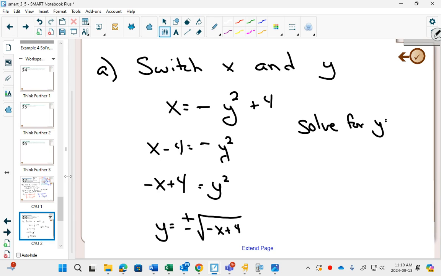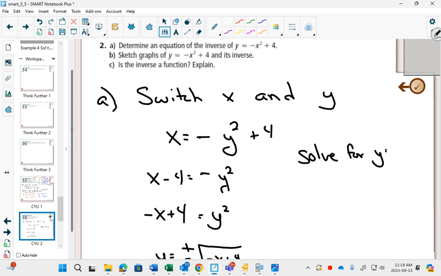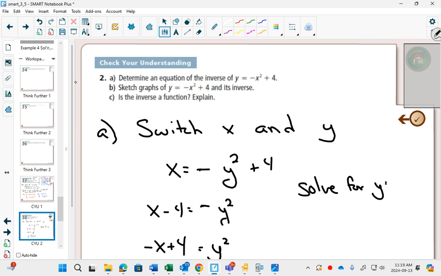And then if you make algebra mistakes after that, they're going to ding you for that. If you try to solve for x first, make algebra mistakes, and then switch x and y when it no longer makes sense to switch, they might not give you as many marks. So I think it does make sense. And we'll try to switch our x and y first, and then solve for y. So here is the equation of the inverse, and it's got a plus or minus.